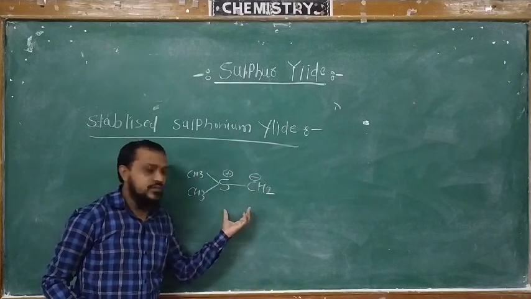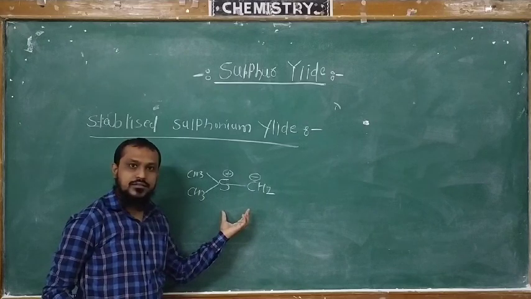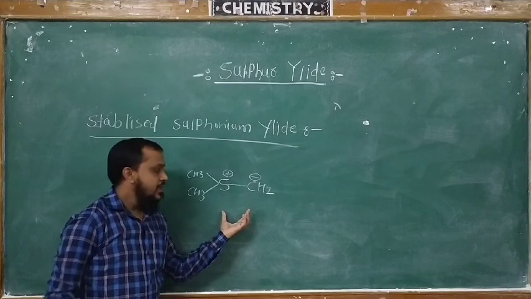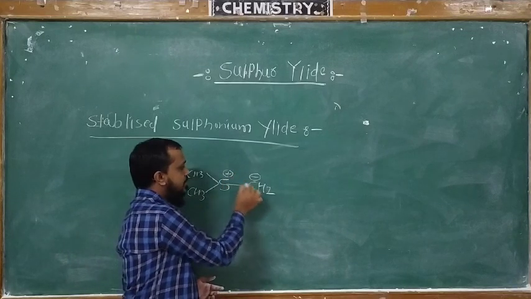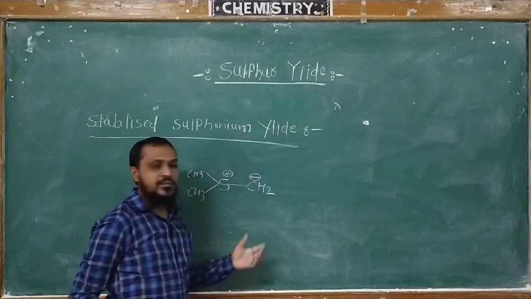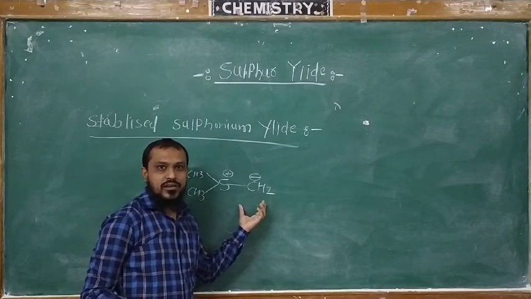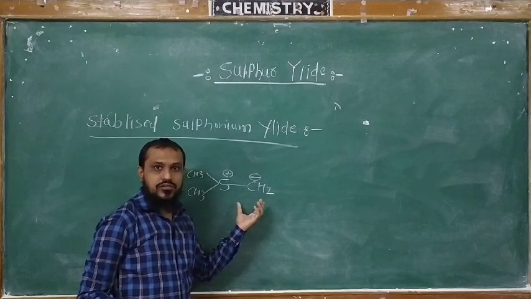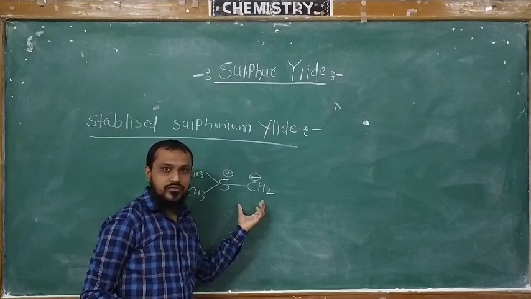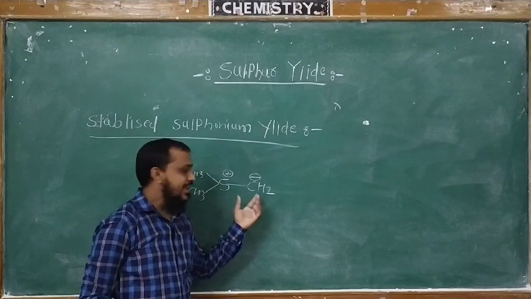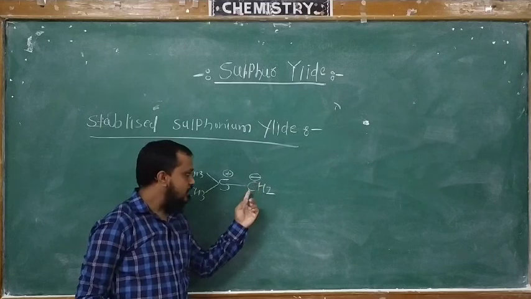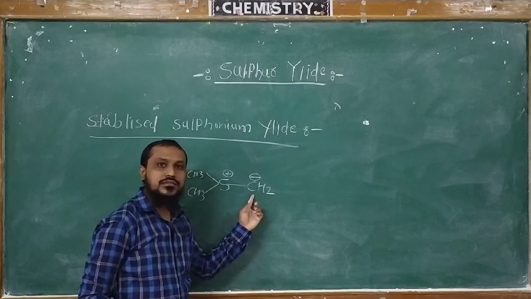Okay, this is the structure of sulfonium ylide. We know that this carbon atom is a carbanion, or it also acts as a nucleophile because it has a negative charge. It is also an electron rich species.